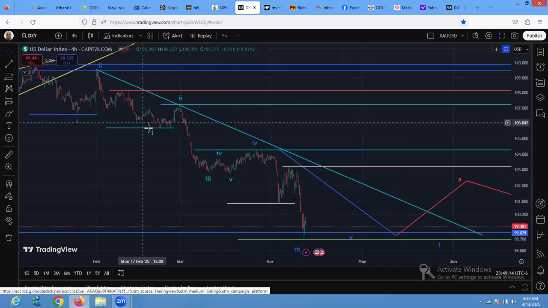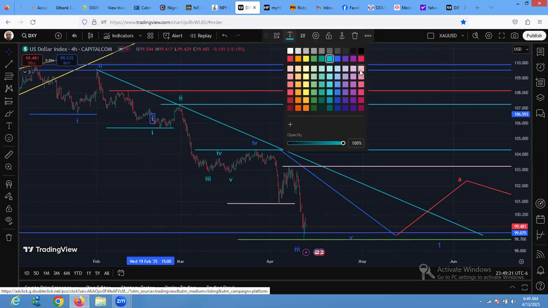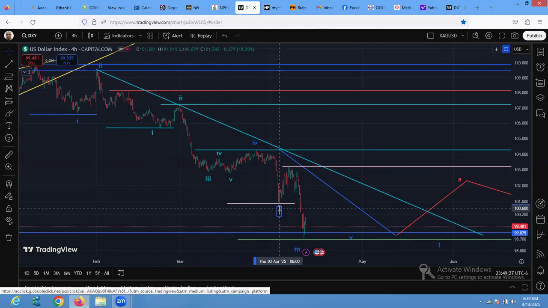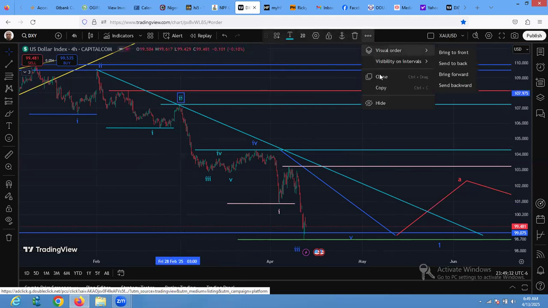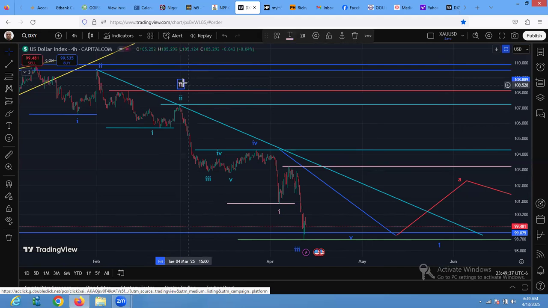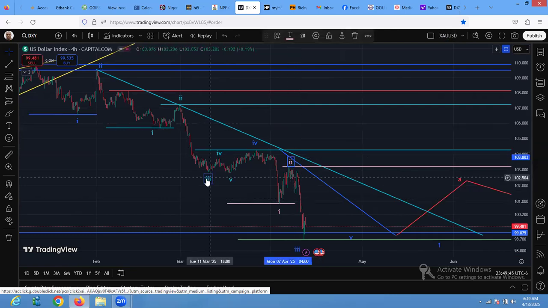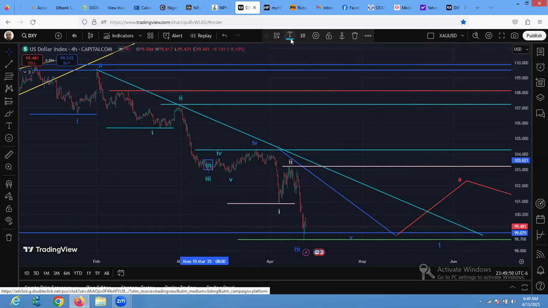So we should treat this as the first flow of one for now. And we should treat this as a two of that ending structure for now. Then we should regard this as the third wave for now.